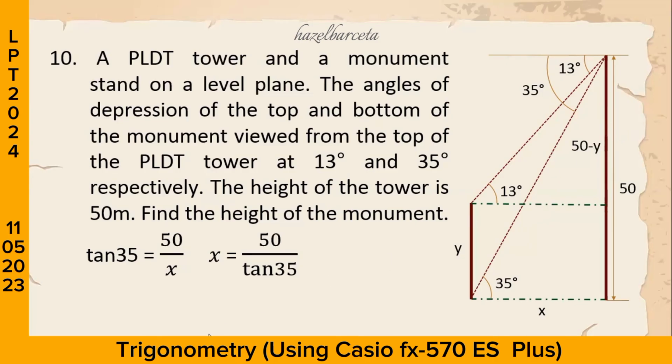Okay? So, tangent 13 degrees is equal to, ito lang po yung 50 minus y since the whole height of the tower is 50. This is the height of the monument. Therefore, the remaining is 50 minus y. So, the opposite side of 13 degrees is 50 minus y over the adjacent, which is x.